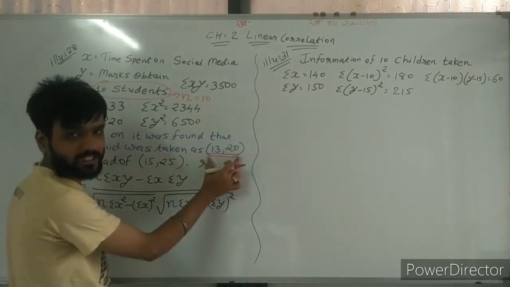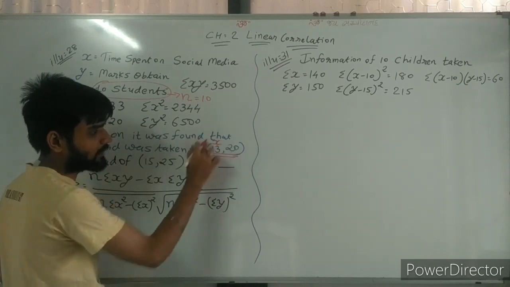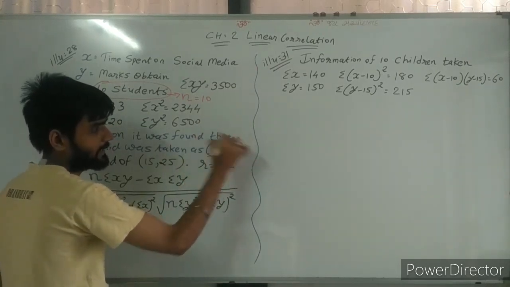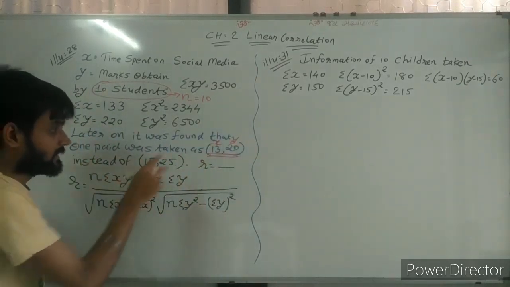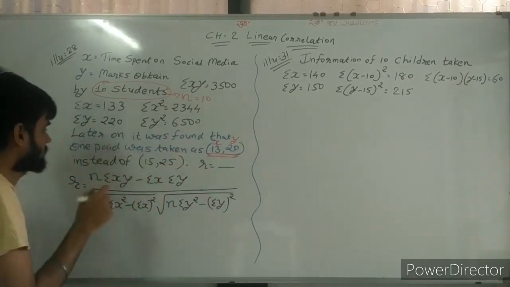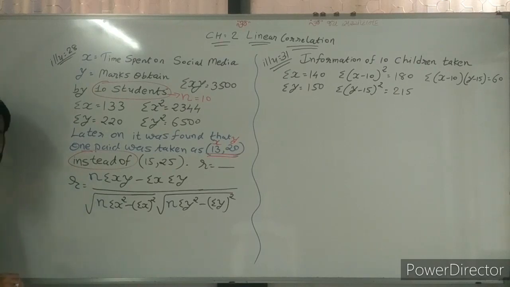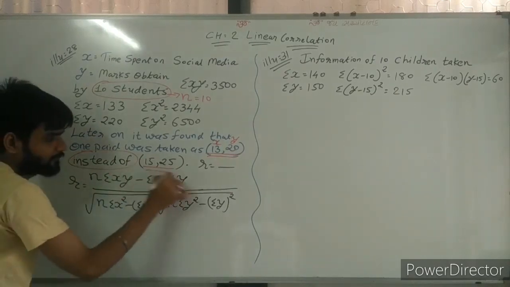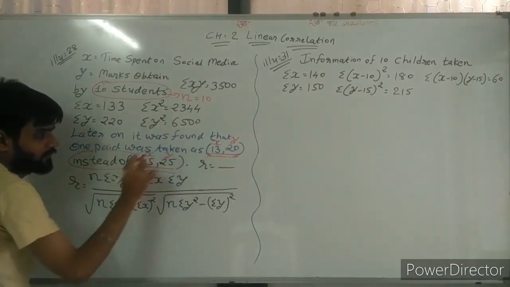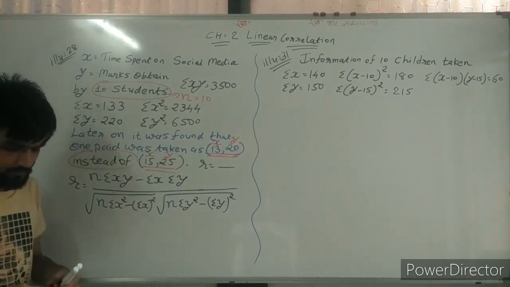In bracket, 13 and 20 are given, meaning the first value is x and the second value is y. This is taken instead of 15 and 25.